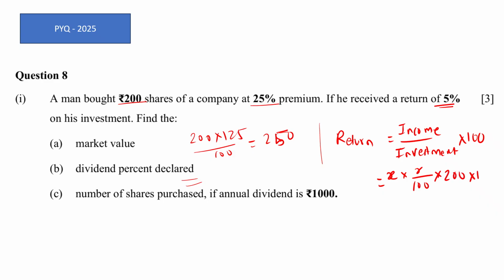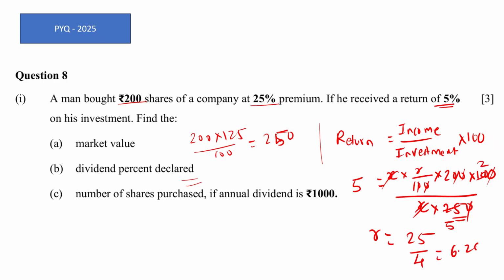Rupees 200 into 100 divided by your investment, X into market price 250 rupees, and this is 5. So X gets cancelled. So you will get R as 25 upon 4, which is 6.25.